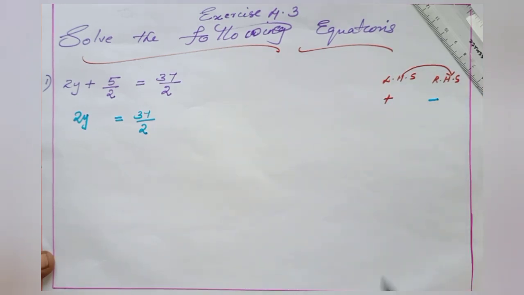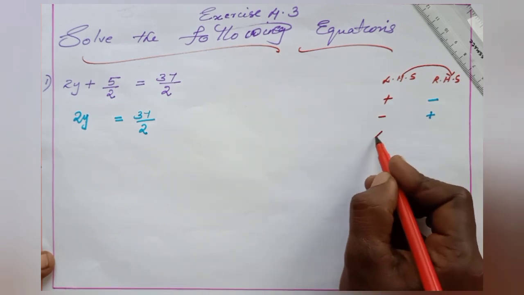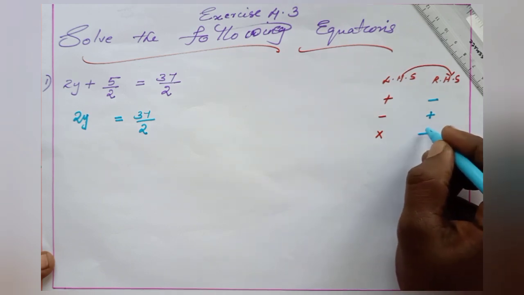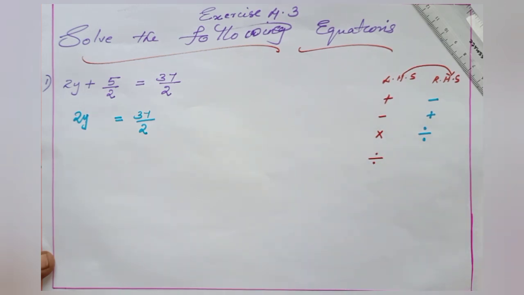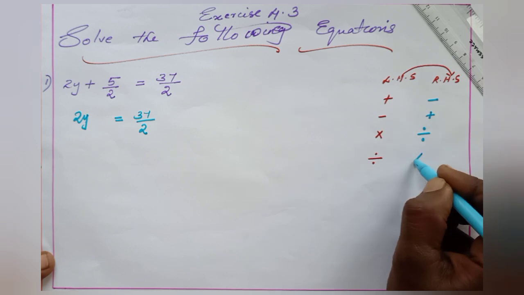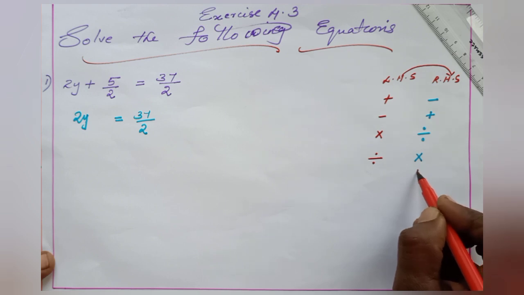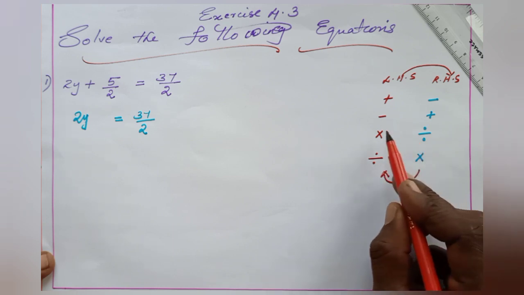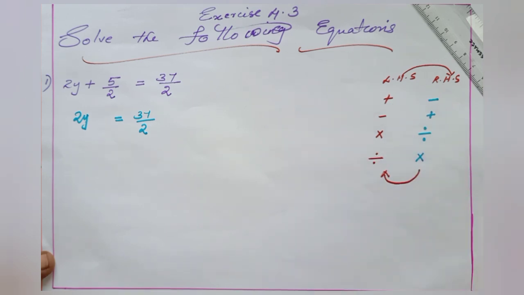Negative numbers transposing to the right side change the sign to positive. Multiplication on the left hand side transposed to the right hand side changes into division. Division on the left hand side transposed to the right hand side changes into multiplication. Same as if we transpose any number from right hand side to left hand side: multiplication changes into division, division changes into multiplication, addition changes into subtraction, subtraction changes into addition.